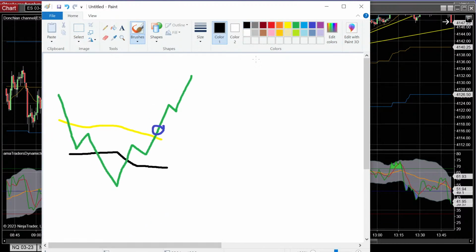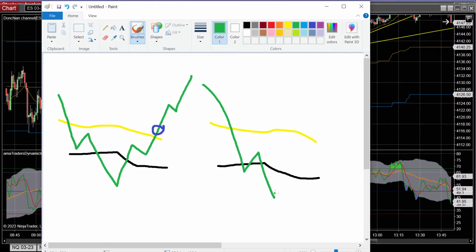What I mean by that is, let me draw the same thing over here now. At this point in time, this pattern has not occurred. Do you understand now? The setup is still ready to trade if it does occur.